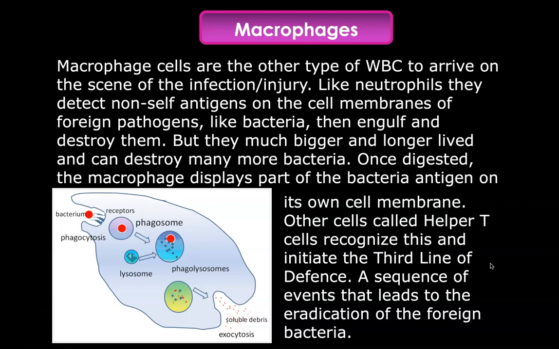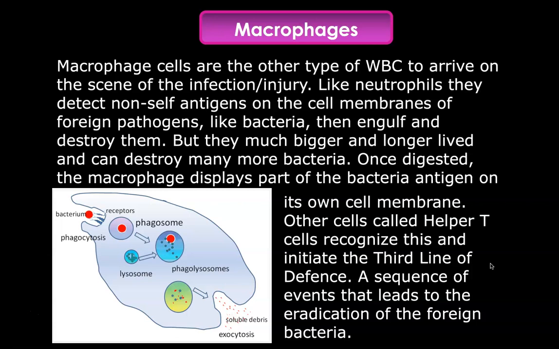It's now located the bacterium as being non-self, and it's starting to engulf that bacterium, and slowly will close the cell membrane around the bacterium. The whole process is called phagocytosis. Phago means to eat, and cytosis means to destroy or to cut.